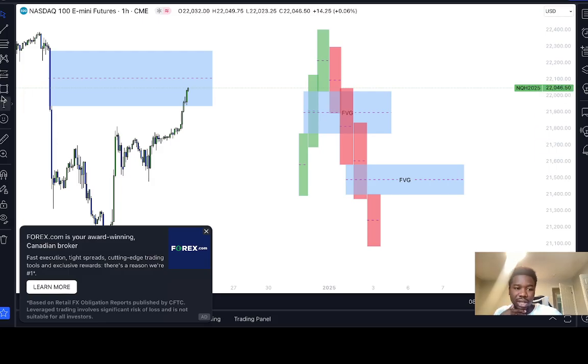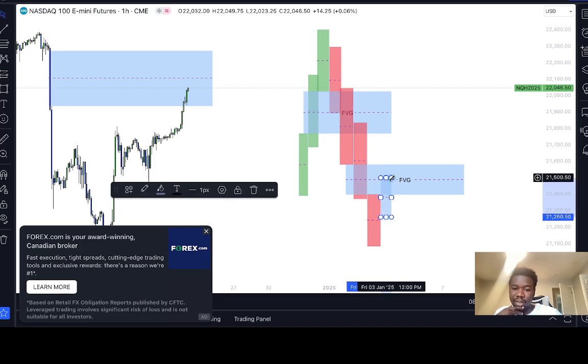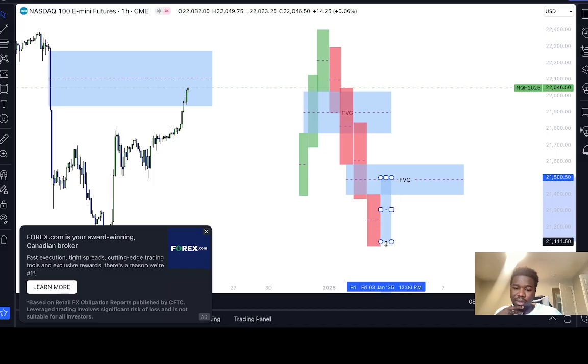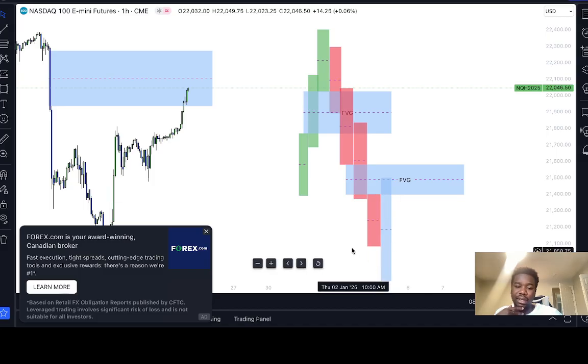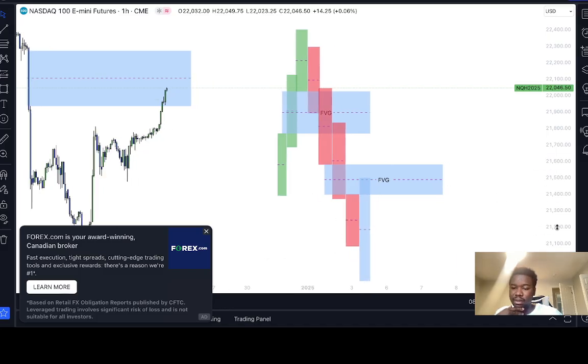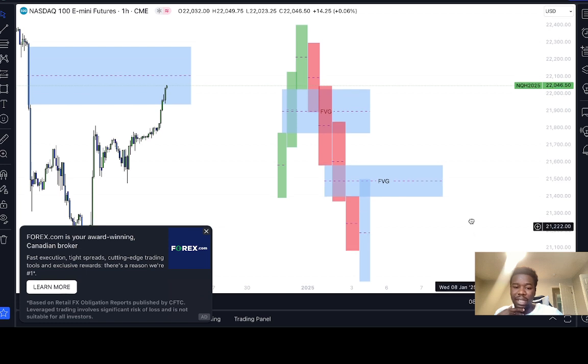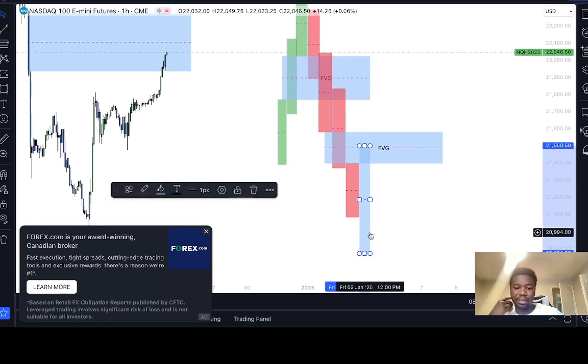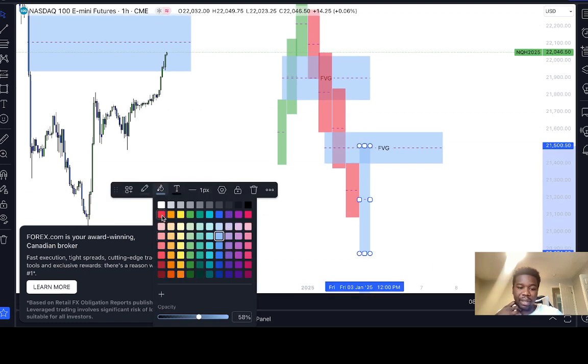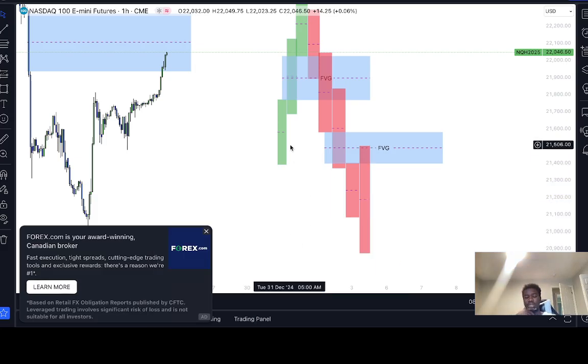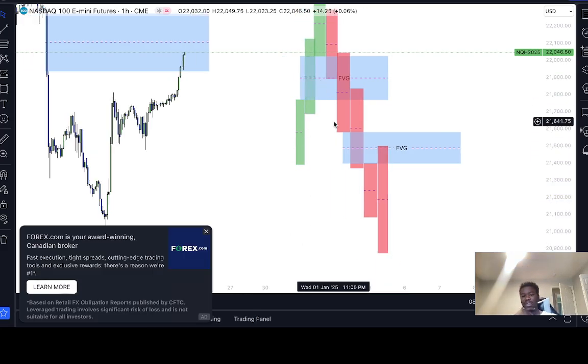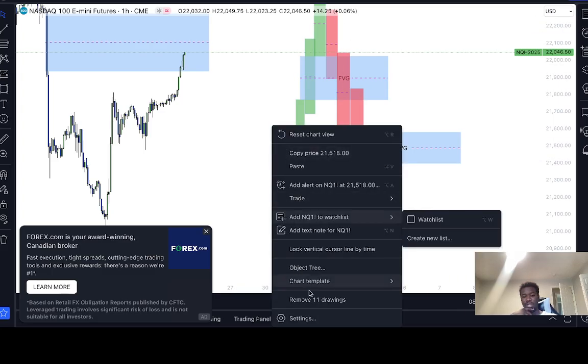I would want us to create another fair value gap, and then tap back in and continue downward like that. Let me just change it to red so it makes sense. So you see that? This is a W setup, and then aim for whatever liquidity is below.